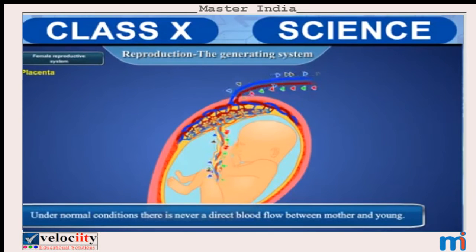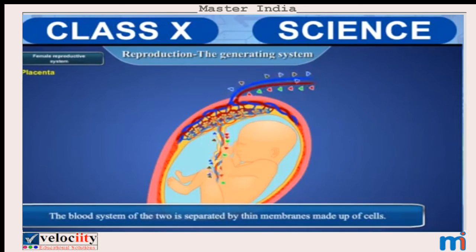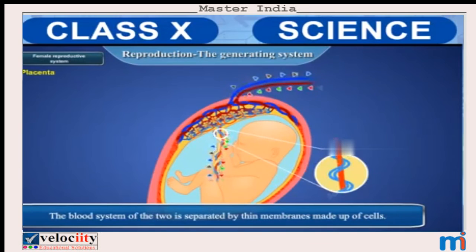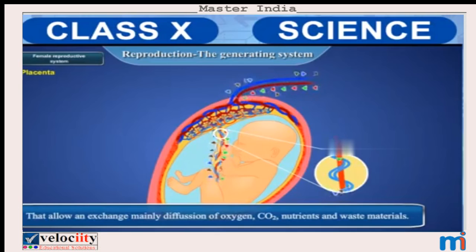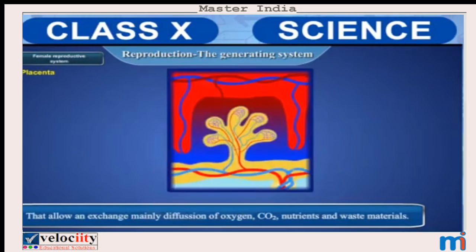Under normal conditions, there is never a direct blood flow between mother and young. The blood systems of the two are separated by thin membranes made up of cells that allow an exchange, mainly by diffusion, of oxygen, carbon dioxide, nutrients, and waste materials.